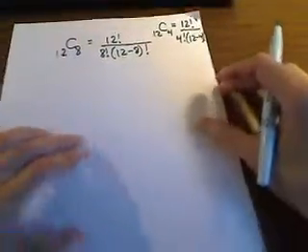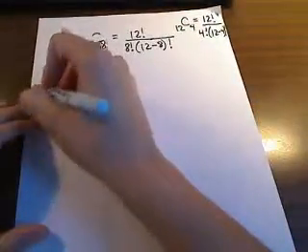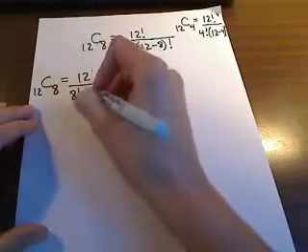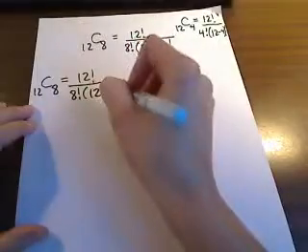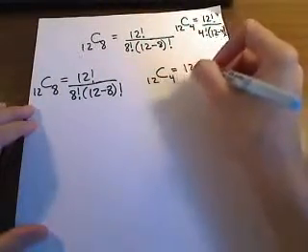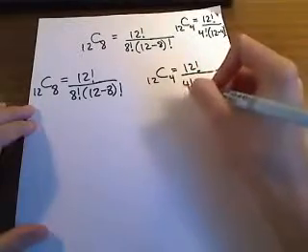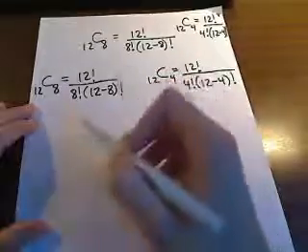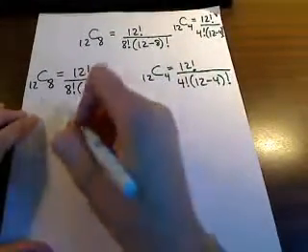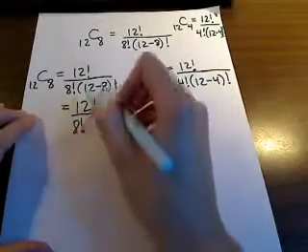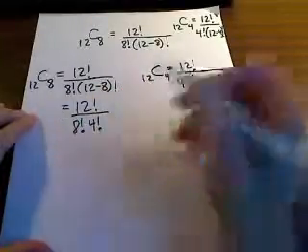Okay, so I'm going to rewrite it because you can't see it. Just notice here that if I simplify, over here I get 12 factorial over 8 factorial, and 12 minus 8 is 4 factorial.